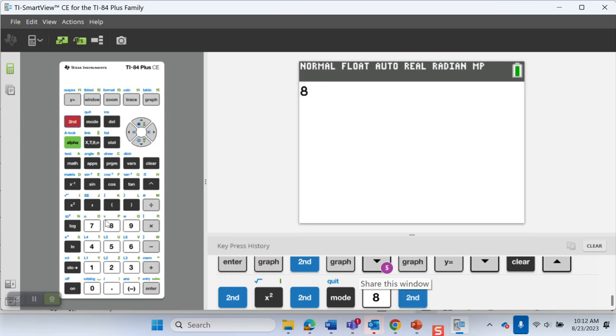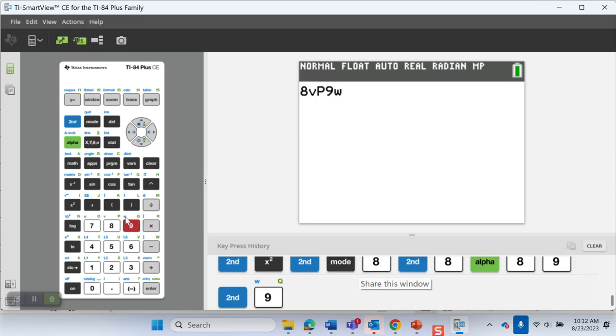If I hit second 8, I got this blue one is V. Okay, if I hit the green one, I will get a P. So green one will be alpha 8. Alpha 8, I got a P right here. So look at this button. Each button has three types, right? This one is 9, and then if I hit second 9, I will be getting the W, right?